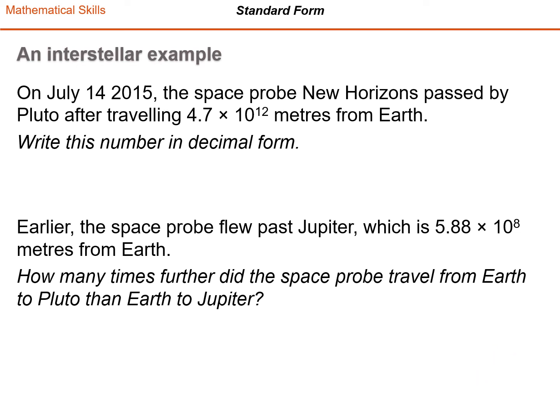So the answer to the first part, we should have a number with 4, then 7 followed by 11 zeros. Essentially we've got the 4 followed by 12 further placeholders. And as you can see here, I've separated those up into groups of 3, as is the standard normal way of doing this, which helps to actually read those numbers accurately.